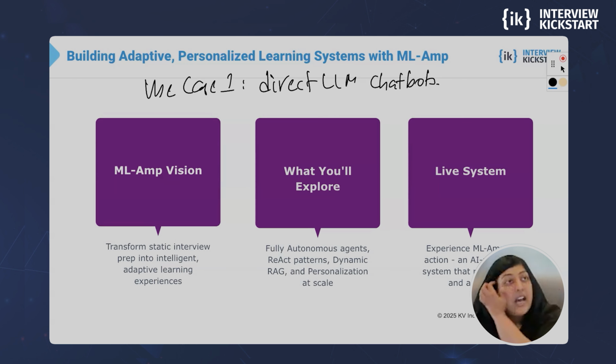Now, the second use case that comes to mind, the way that you as a user or a learner would interact with LLMs, is, again, I'll take another ChatGPT example. Let's say you ask ChatGPT, hey, can you give me an image of something?